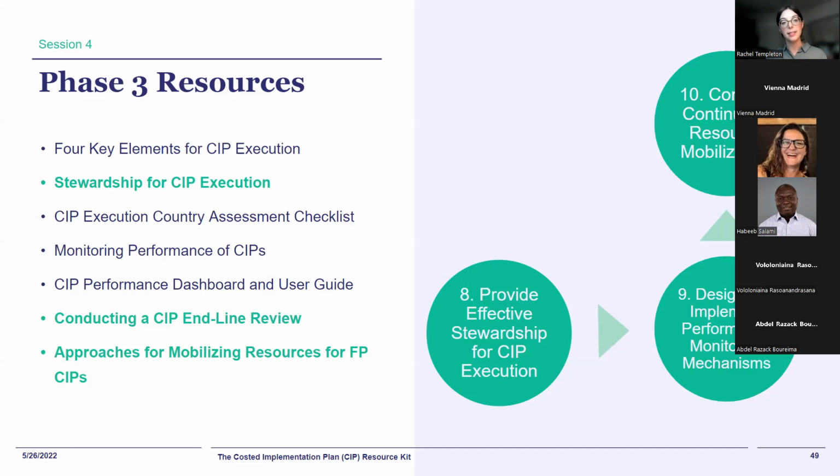So in practice, I think we know that this can be the most difficult part of CIPs, to ensure that this beautiful, thoughtful, strategic document that has been created with much time and effort and resources is actually put into practice, implemented, and evaluated. And so we have 3 new resources in this phase that I want to highlight.